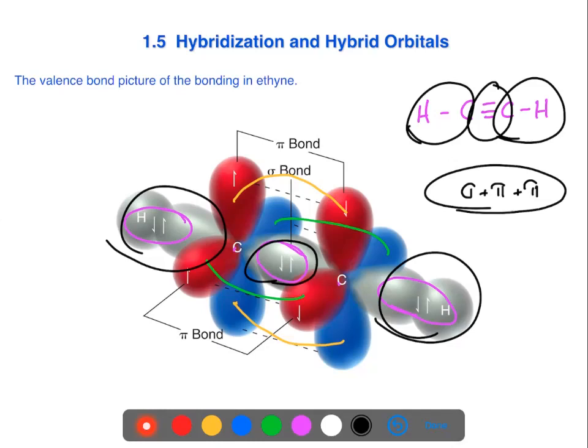So if you see an atomic center that has only sigma bonds to it and possibly lone pairs, as we saw for ammonia or water, these are all sp3 hybridized systems. And that's because there's no pi bonding involved in that particular structure. Once you have a single pi bond associated with an atomic center, then you know that the hybridization of that particular center has changed from sp3 to sp2, and that gives rise to a different shape.